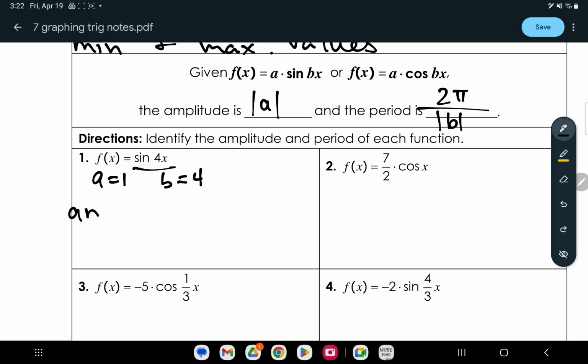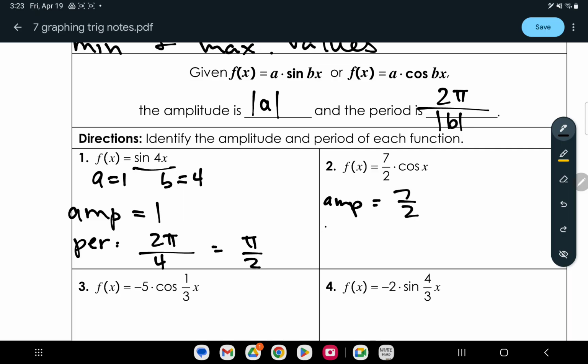So my amplitude is 1, and the period is 2 pi over B. So pi over 2. Alright, cosine, same thing. Amplitude, it's going to be 7 over 2. My B value is 1, so that's just going to be 2 pi. Period is 2 pi over B, which is just 2 pi.